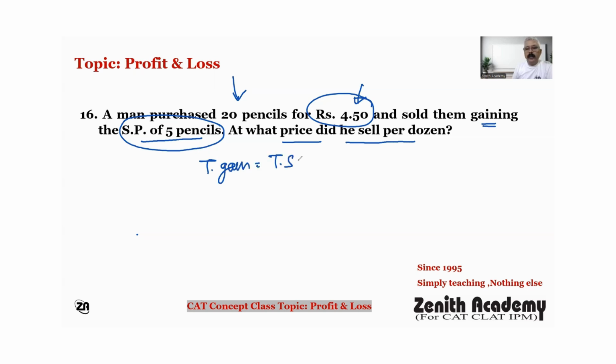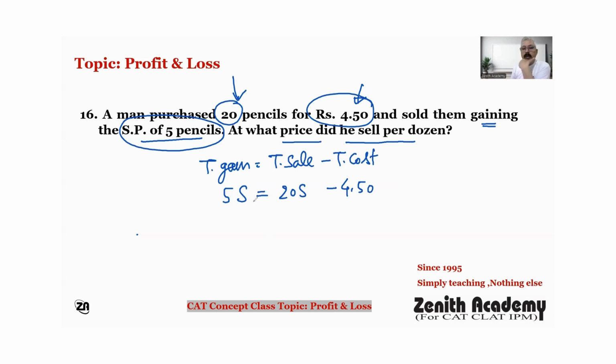is equal to total sale minus total cost. Total gain is equal to the selling price of 5 pencils. So suppose one pencil selling price is S. So it is 5S. Total sale minus total cost. So look here, a man purchased 20 pencils for rupees 450, so total cost is going to be 4 rupees 50 paisa. 20 pencils, one pencil selling price you take S, so it is 20S.